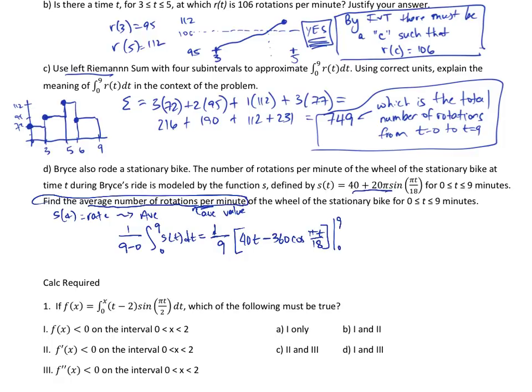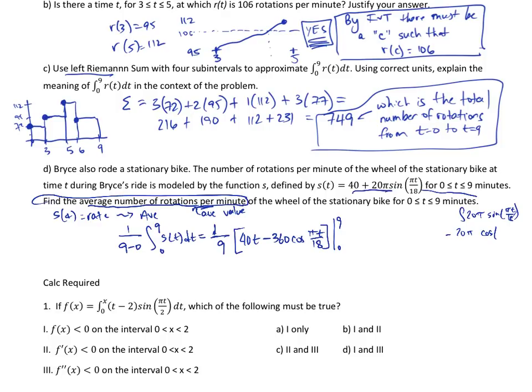You could do it through guess and check or substitution. I did it through a guess and check method. I just quickly in my head said 20 pi, that's a constant, I'm not going to worry about that. And this is the sine of pi t over 18. So 20 pi I'll put on the outside. Here I end up with cosine, but it's got to be a negative.